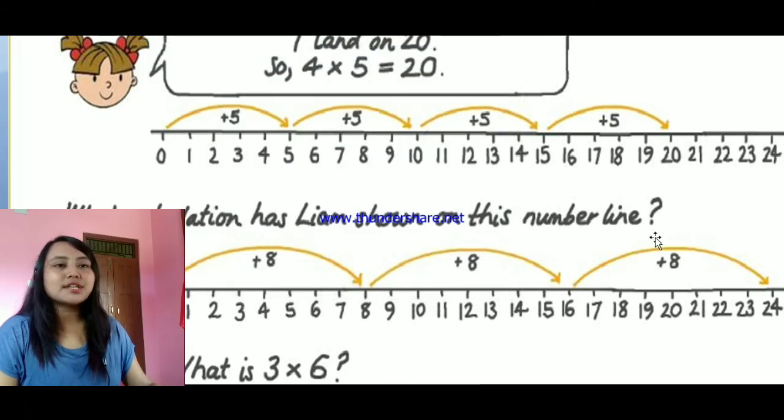So I have jumped here 3 times, 8 plus 8 plus 8 steps forward. That means 3 into 8 equals 24. And here also it has ended up at 24. So this one is also correct.